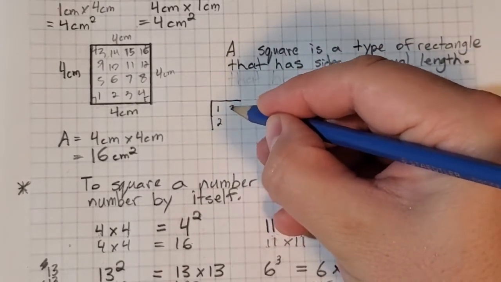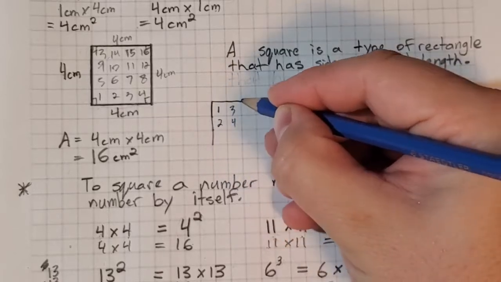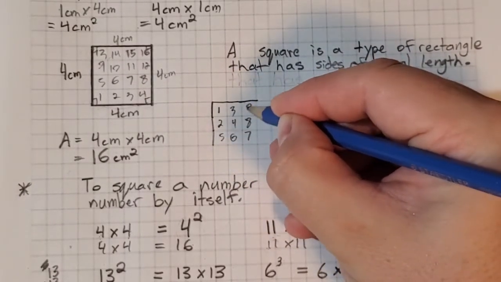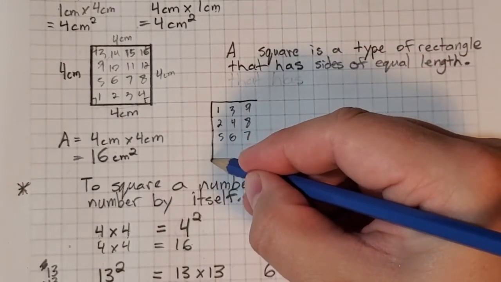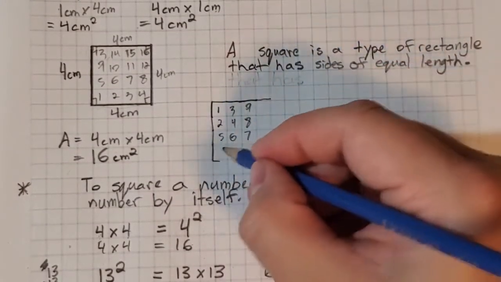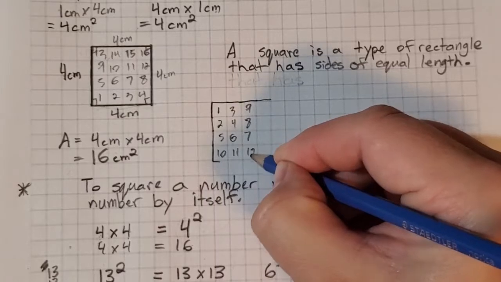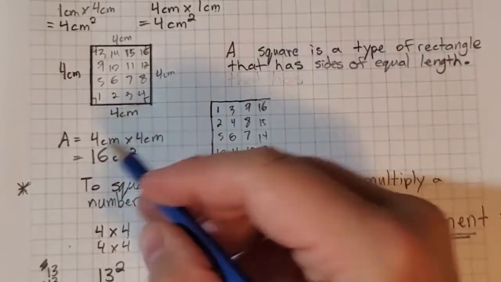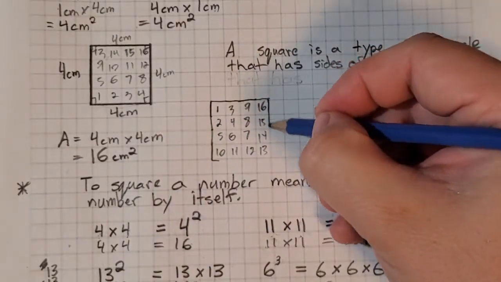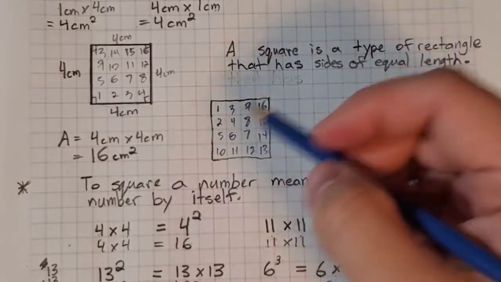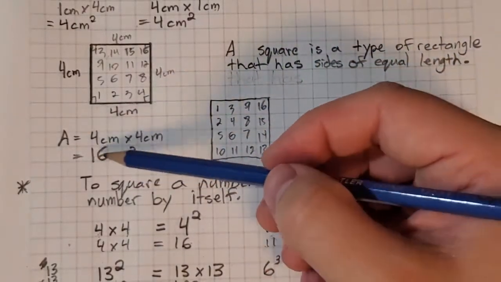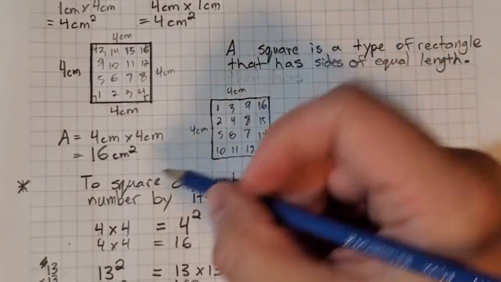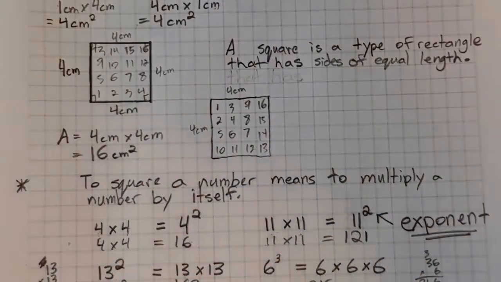There's 2, 3, 4, and keep going like that. 5, 6, 7, 8, 9, not yet there. 10, 11, 12, 13, 14, 15, 16, until you get to your 16 centimeters squared, and then you know that the square root, we call it, of 16 would be 4 centimeters.